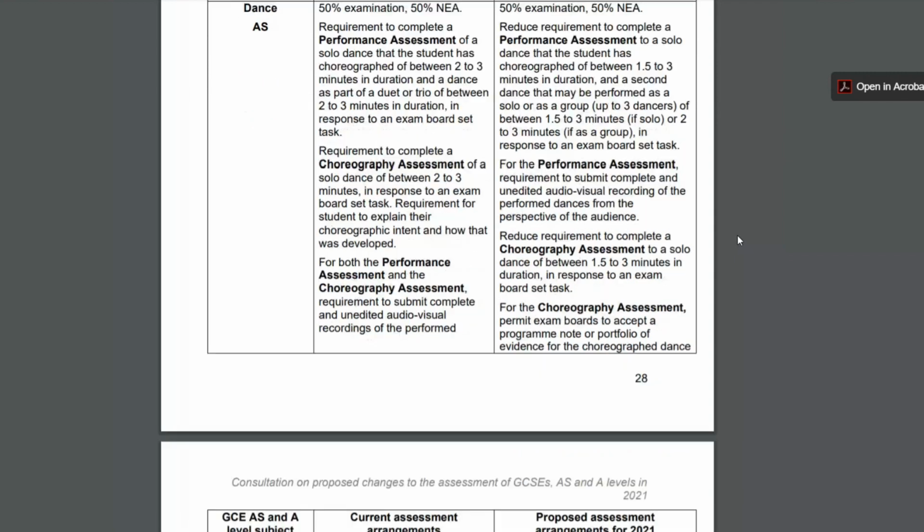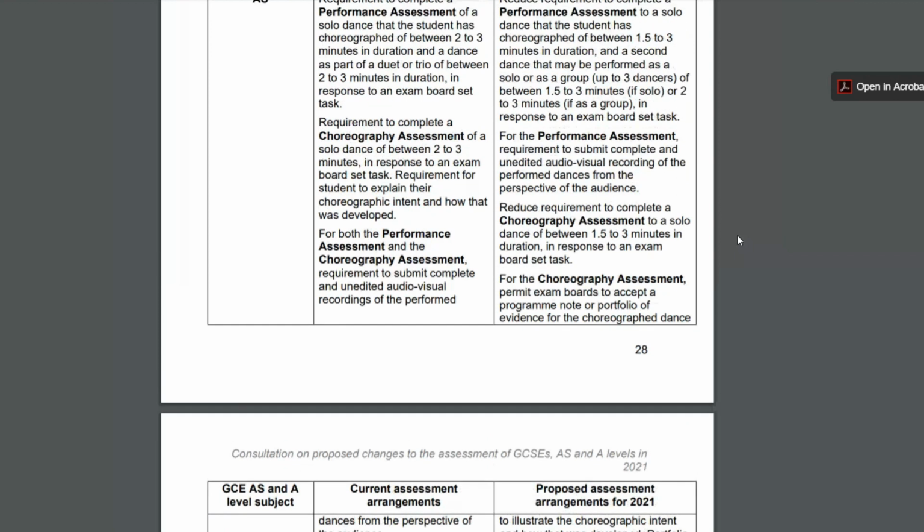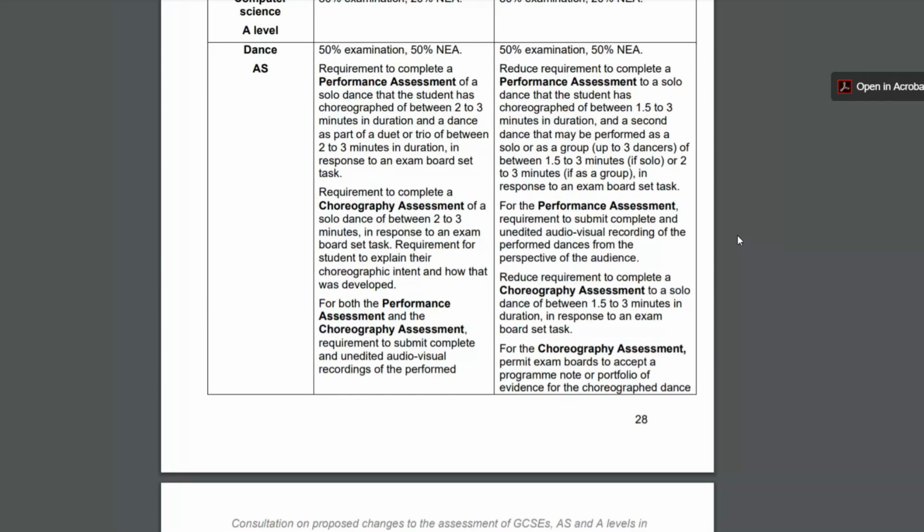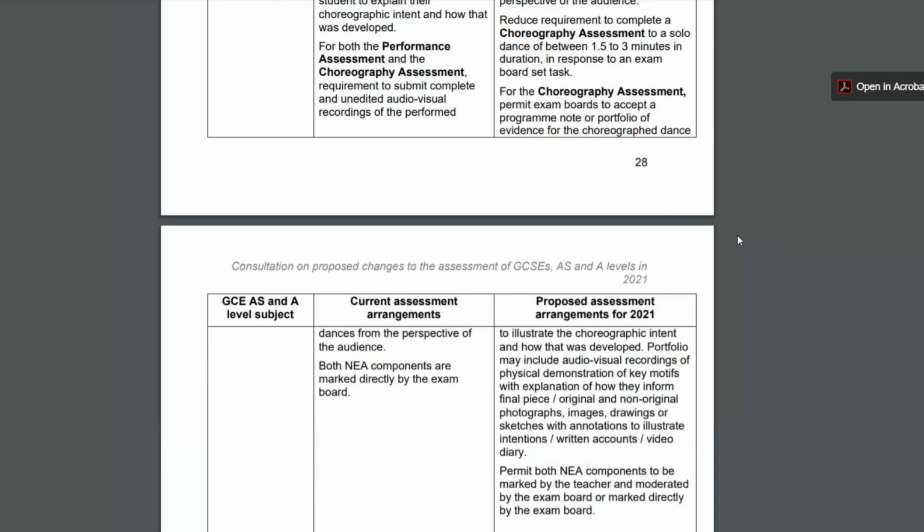It's very similar to the GCSE changes, where the time lengths of the performances will be reduced. The amount of dancers needed will be reduced. And also, there's this increased weight put on this sketchbook and portfolio of drawings, research, and stuff like that.